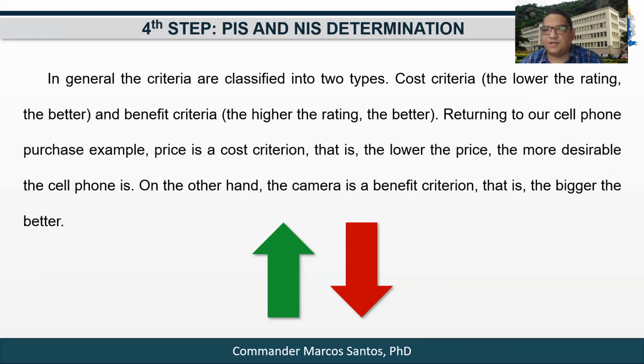Returning to our provider purchase example, price is a cost criterion. That is, the lower the price, the more desirable the provider is. On the other hand, the velocity is a benefit criterion. That is, the bigger, the better. So we have a trade-off.